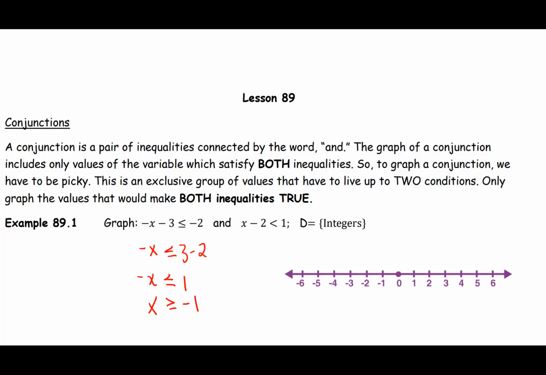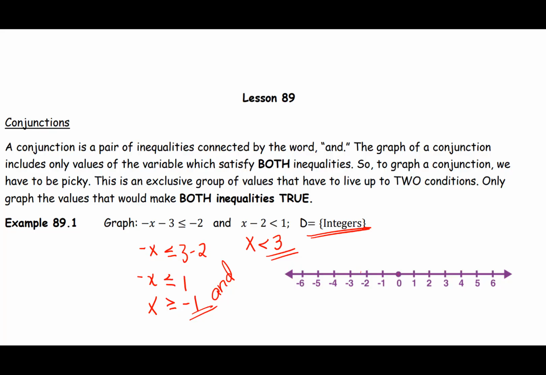So you want to graph those numbers, but you have to pay attention to what's going on in the other inequality first. For that one, we're going to solve for x by adding 2 on both sides. So we're going to have x is less than 3. So you want integers only. Let's remember that. So you want to graph all the integers that are greater than or equal to negative 1 and less than 3.